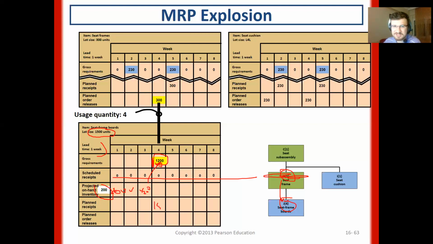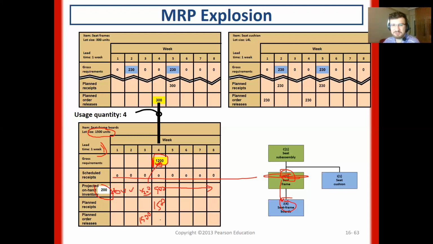Because the order size is 1500, 1500 will be received, and with 200 on hand, the remaining inventory will be 1700 minus 1200, 500 units. And this will be kept in the next week. When should this order be given? Lead time is 1 week, so this order should be given right here.